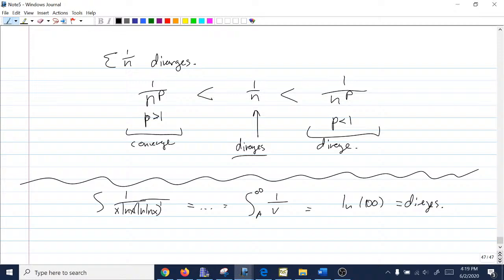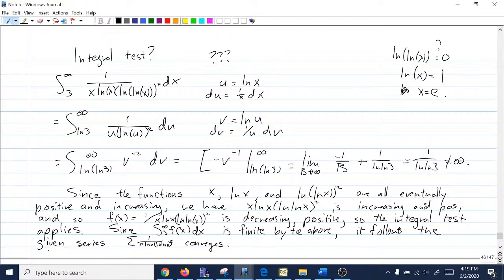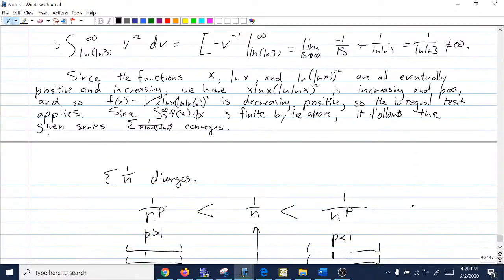So the fact that that squared there was the thing that made the difference between converging and diverging for this problem. If only one of those log x's was there, this thing would diverge. The log x, even though it goes to infinity very, very slowly, is still big enough to make the difference and push you over the brink to converge instead of diverge.